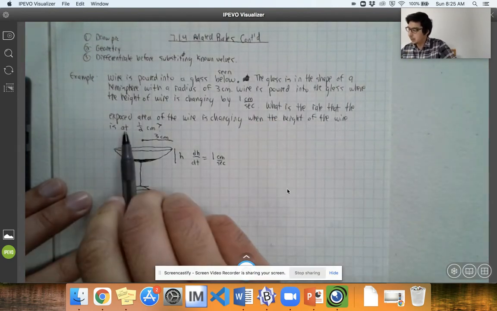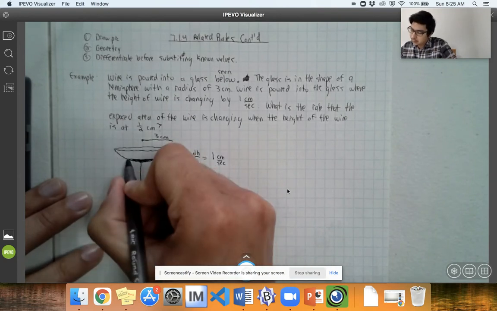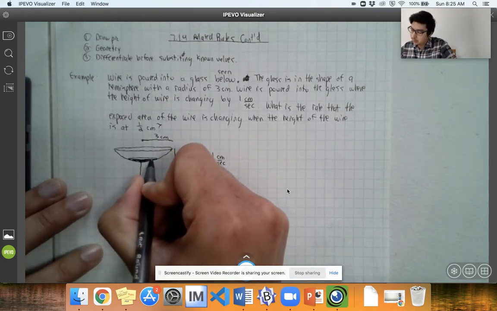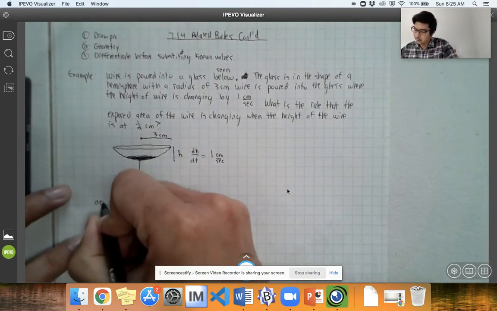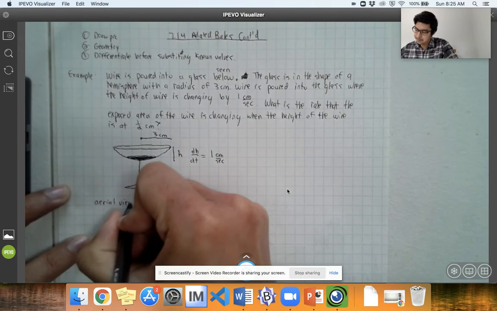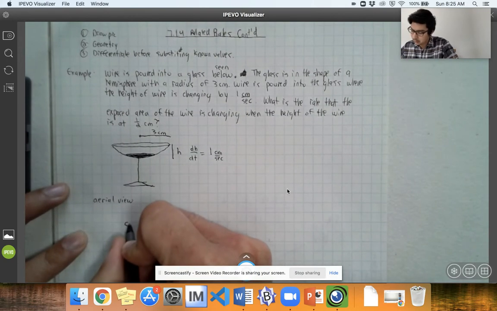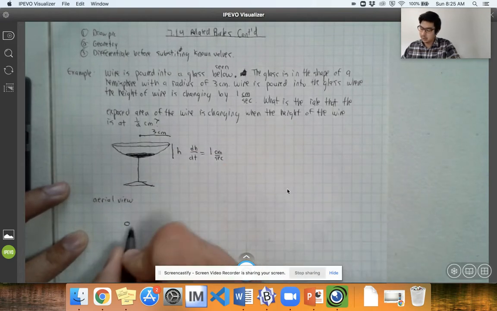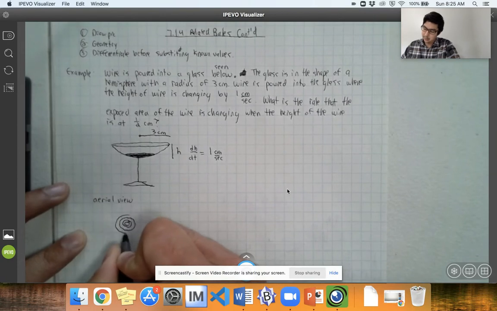What is the rate that the exposed area of the wine is changing? So the exposed area is the top of what you're seeing. The idea here to understand this problem is if we looked at an aerial view, if you looked down on the wine glass, since it's a hemisphere, you'd see circles. And over time, those circles are going to get larger and larger as you pour more wine and it fills that glass.